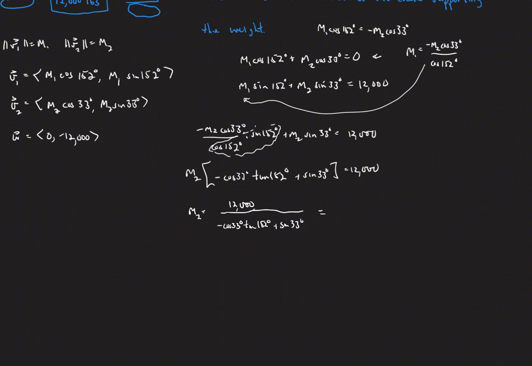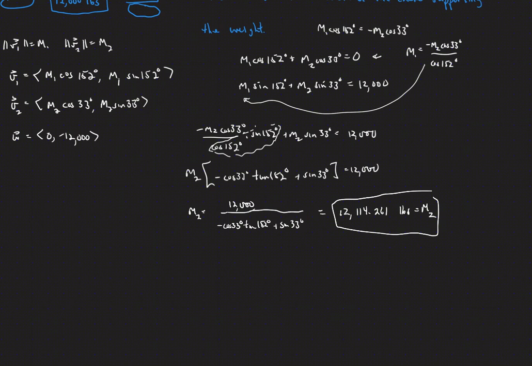So on the calculator, I'm going to go 12,000 divided by, and then a parentheses, negative cosine of 33 times the tangent of 152, and then a plus sine of 33, another parentheses to end the denominator, and I'm getting 12,114.261. That's going to be in pounds of force for our M2. I'm just going to call that M2 right here.